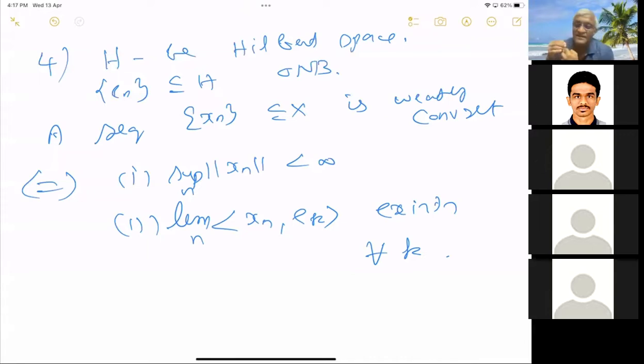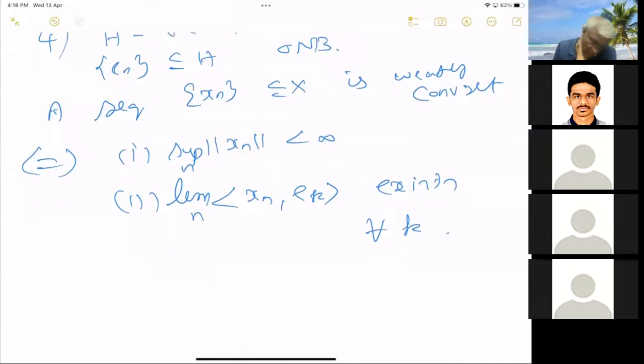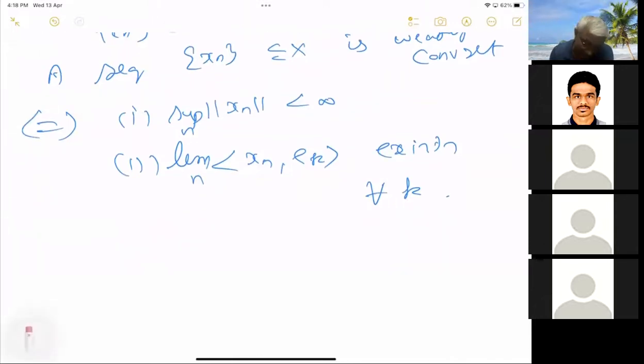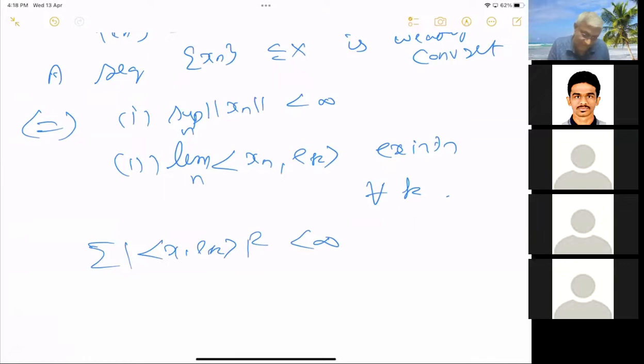If the limit exists, then for each k you will get a limit of these numbers, and you have to show that those limits are square summable.